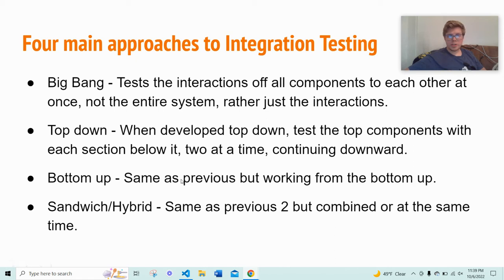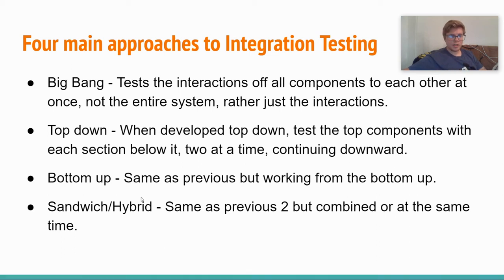Bottom up is similar, it's just depending how your program was developed, but starting at the bottom, testing it with the next section, and so on. The sandwich hybrid is using the bottom up and the top down together, often combined or at the same time.